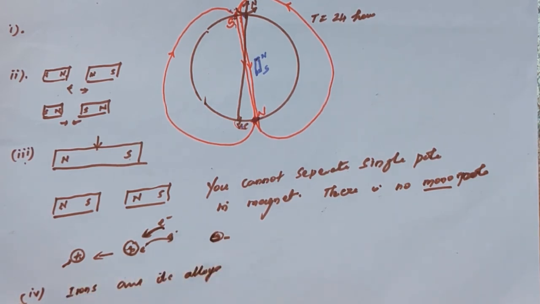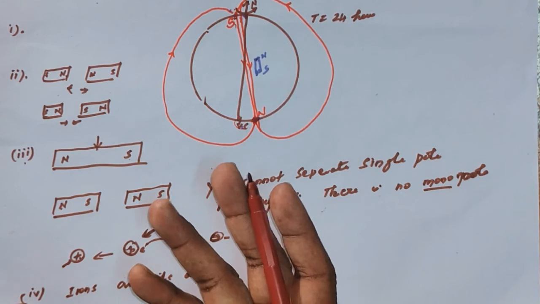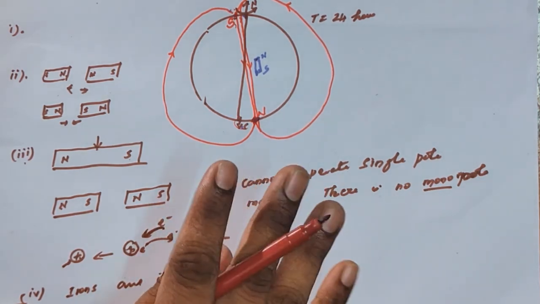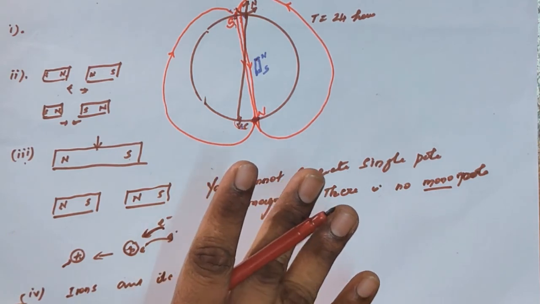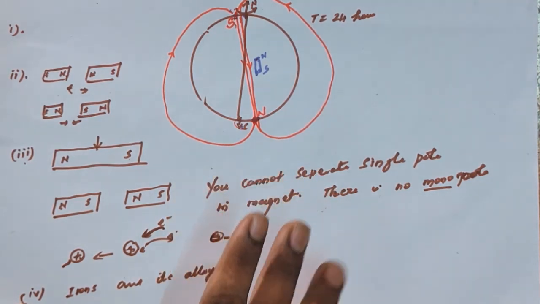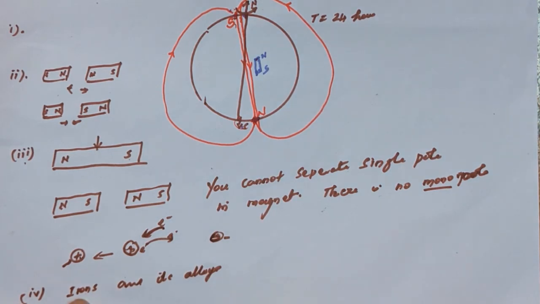I think iron has 4 unpaired valence electrons, so each electron's spin contribution will be more. Four unpaired electrons contribute more magnetism. That's why we use iron for creating magnets.